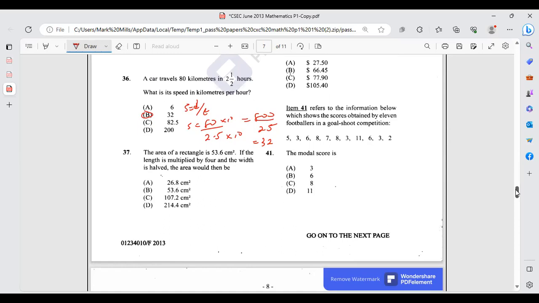Anybody can help me how to do this question? The area of a rectangle is 53.6 centimeters square. If the length is multiplied by 4 and the width by half, right? What will I do?